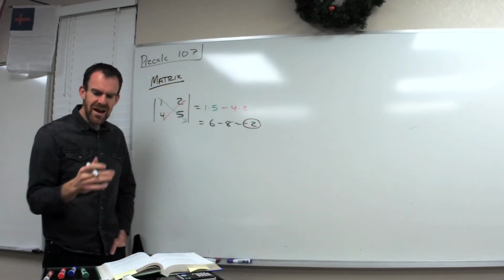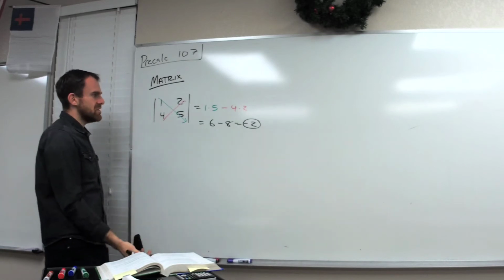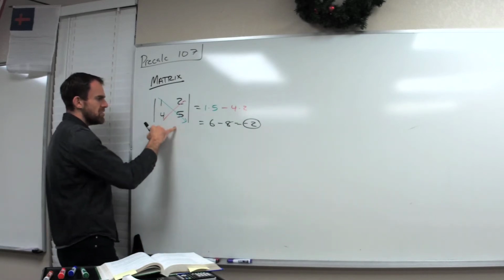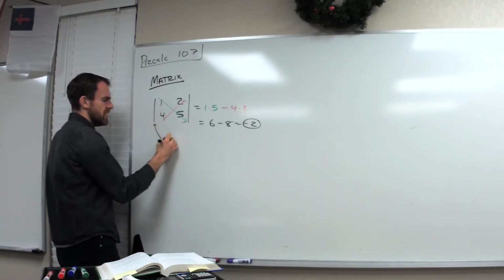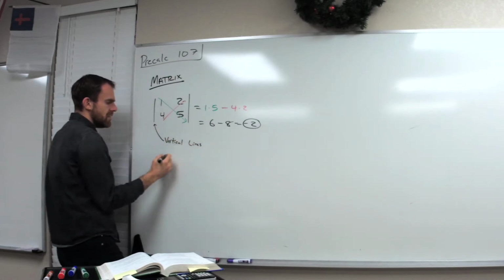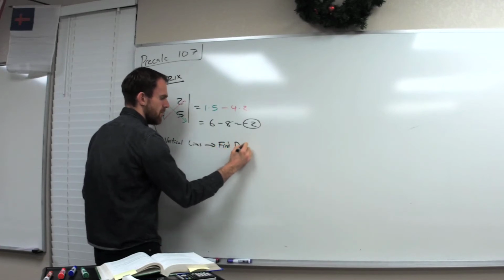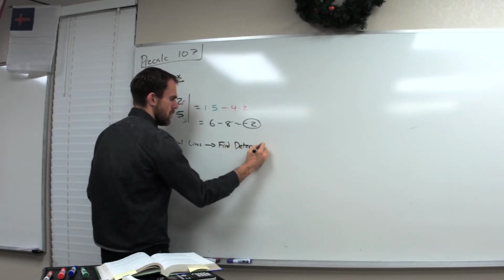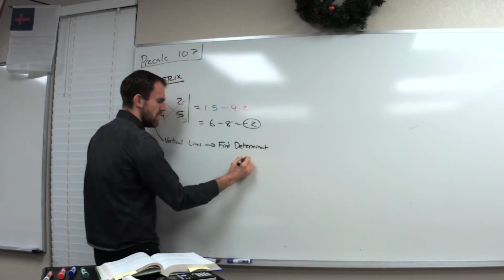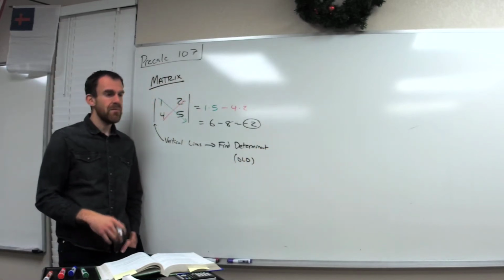Now, what's the dead giveaway that it's one of the old problems and not one of the new problems that we're talking about today? If your matrix has these vertical lines, then they want you to find the determinant. This is the old stuff that we've been doing for weeks now, okay?